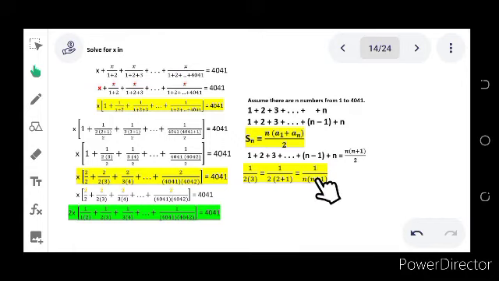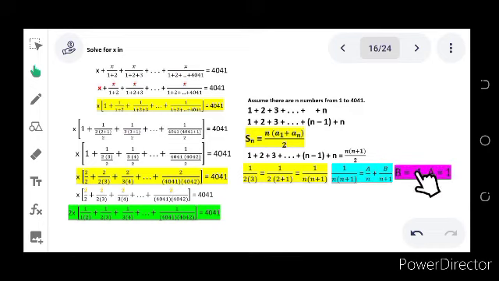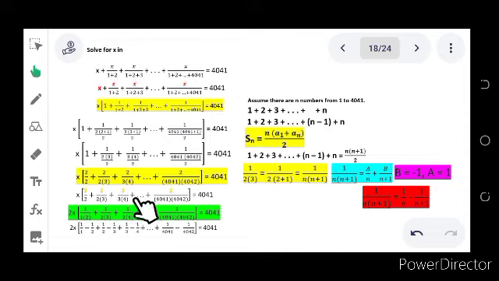So this time, this can be decomposed into a partial fraction of this form, and solving this partial fraction gives us the value of b equals -1 and a equals 1. So the partial fraction can now be written as 1/n minus 1/(n+1). Using this pattern, the denominators can be written in this form.